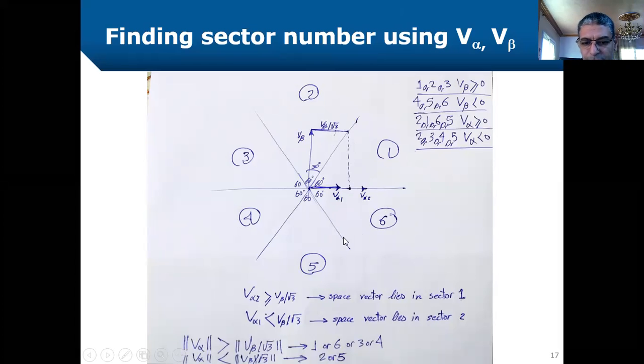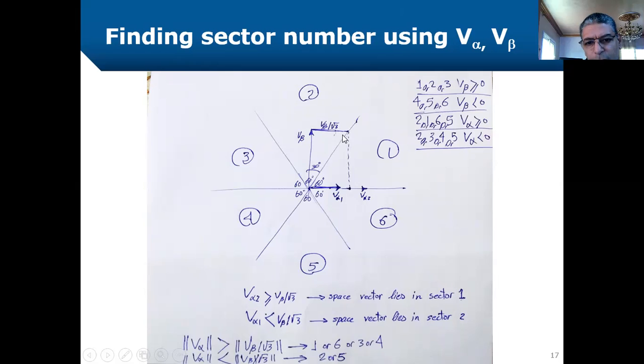According to the previously mentioned logic, we are still not able to isolate sector 1 from 2 or 2 from 3. Look, this triangle. This is V beta, and this is V beta by square root of 3. This is 30 degrees.